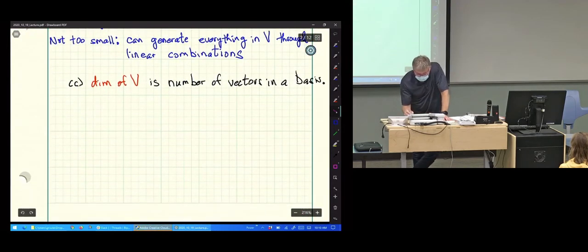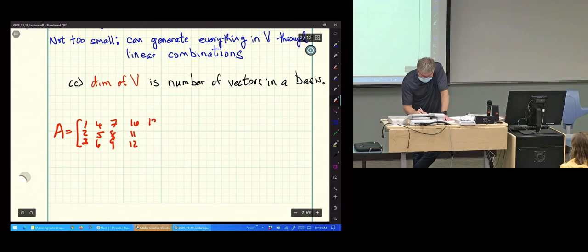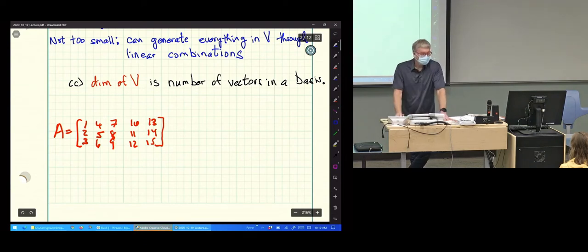You might have a matrix with the entries 1, 2, 3, 4, 5, 6, 7, 8, 9, 10, 11, 12, 13, 14, 15. You might ask yourself, how many linearly independent columns can there be there? How many columns did I make? 1, 2, 3, 4, 5.